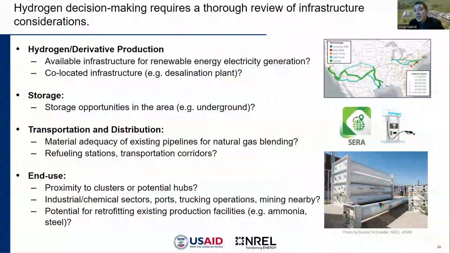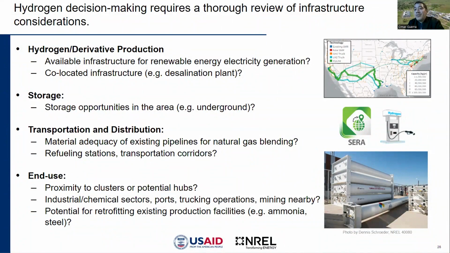Then end users consideration. Are you closer to a potential hub for hydrogen? Do you have industrial or chemical sectors around that plant? Do you have, for example, mining around? Because mining could be a key end user of hydrogen or clean hydrogen. And finally, do you have existing production facilities?